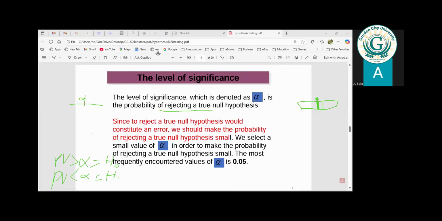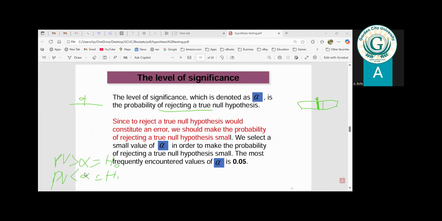So what I'm saying is, this is the rule. Whenever your probability value is greater than alpha, it is in favor of the null hypothesis.